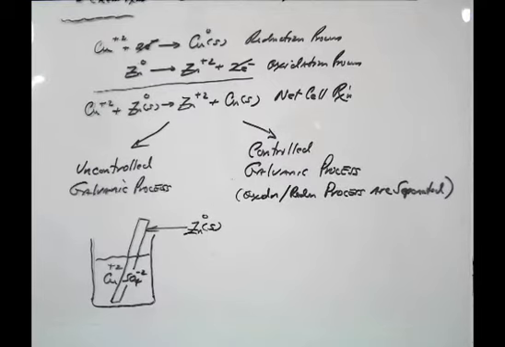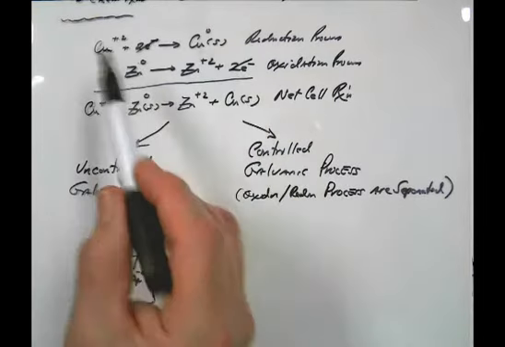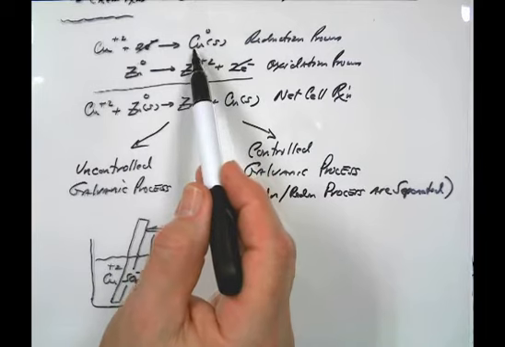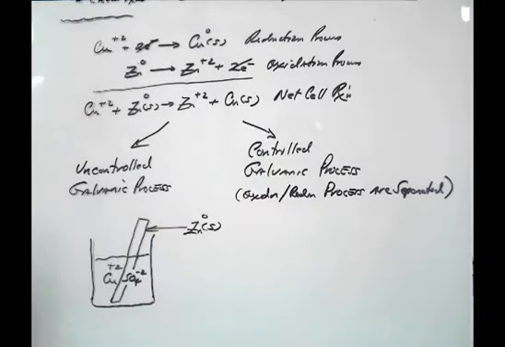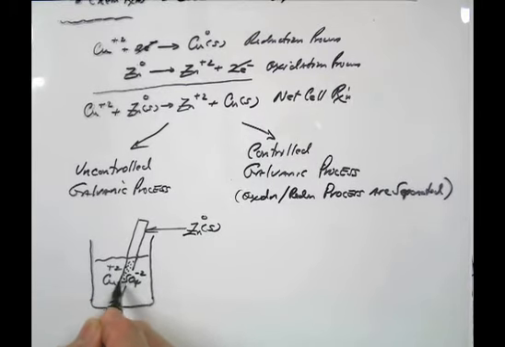The zinc will begin to undergo oxidation and start dissolving into solution right here. The copper will pick up the electrons from the zinc, and copper will begin to precipitate, come out in a reduced form. Well, where does the copper go? Well, the copper starts depositing on the zinc surface.